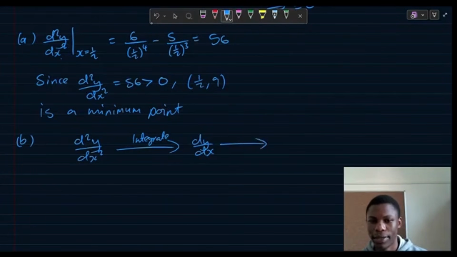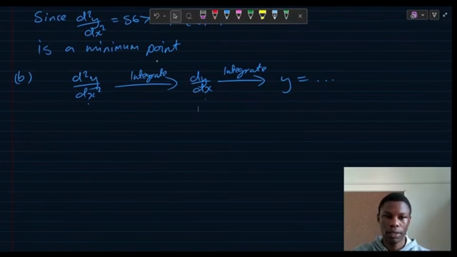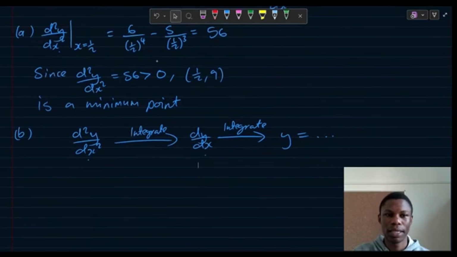And if you integrate this, you get the equation of the curve. Y is equal to whatever it's equal to, right? So we are going to have to integrate twice. If you integrate second derivative, you get first derivative. If you integrate first derivative, you get the equation of your curve. So that's why that's worth 7 marks, because you're going to have to integrate twice.